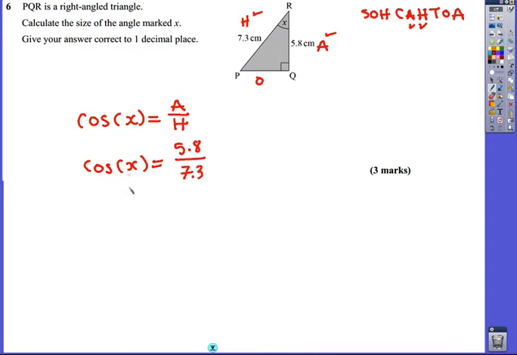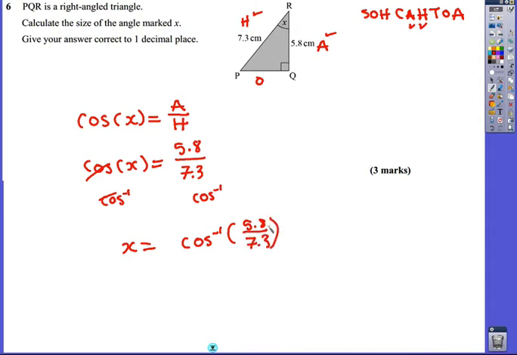To get what x is, we have to do the inverse, so cos inverse on both sides. And this will go with that, so we can cancel it out. So we get x is equal to cos inverse of 5.8 over 7.3, and it will give us a nice angle.